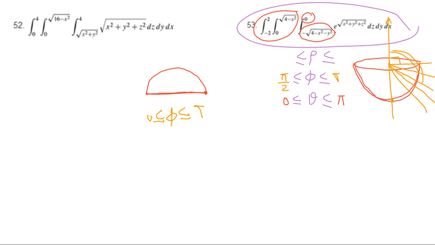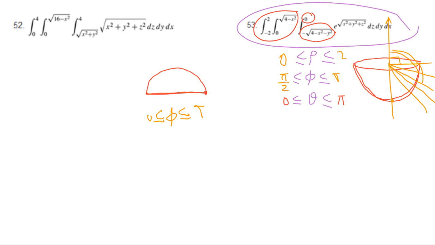Okay, what about the limits for rho? Yes, from 0 to 2. Excellent, Fatima. Yes. Thank you, Fatima Ali. Fatima Abed. Yes, from 0 to 2.